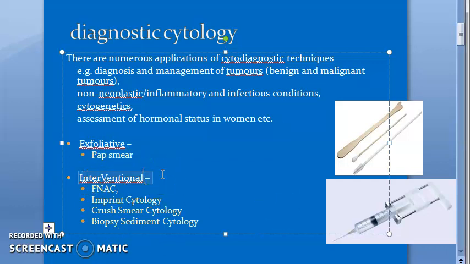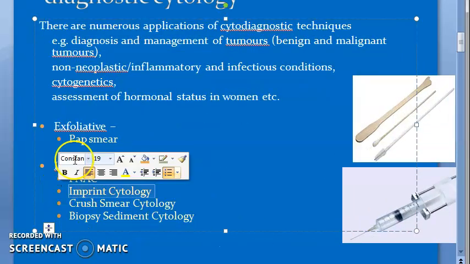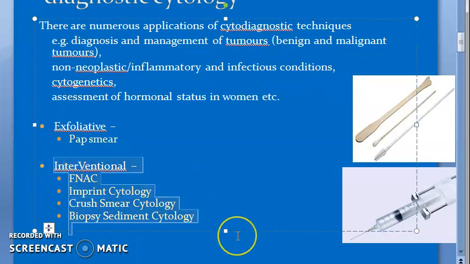Coming to interventional, that means you're intervening. See, there's a needle here. So you have fine needle aspiration cytology, imprint cytology, crush smear cytology, and biopsy sediment cytology. So there are 4 interventional cytology techniques.